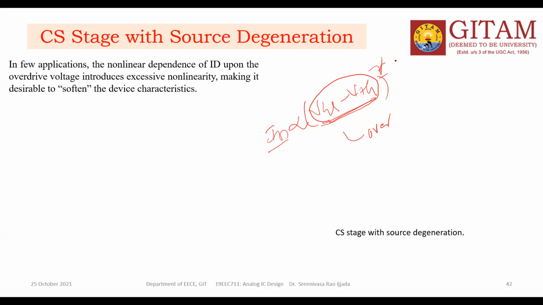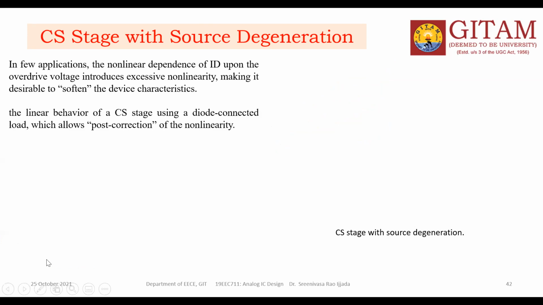That is the issue. So what to do now? The linear behavior of the CS stage can be achieved using a diode connected load, which allows post corrections for the non-linearity, which we saw earlier.